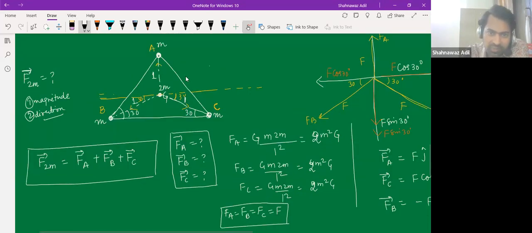This will pull right, and this will pull in this direction.